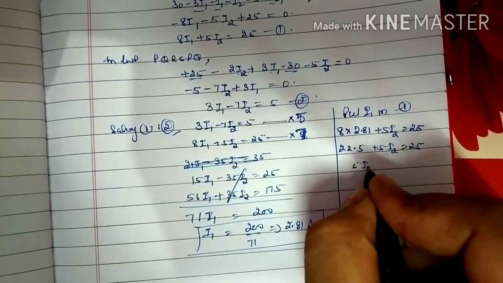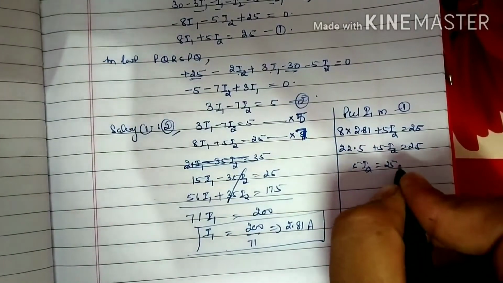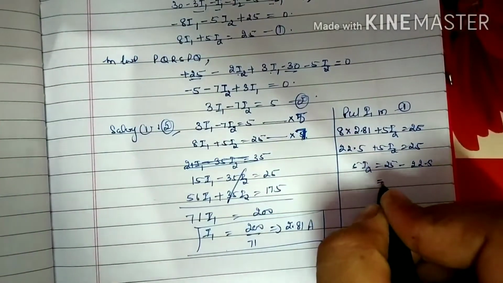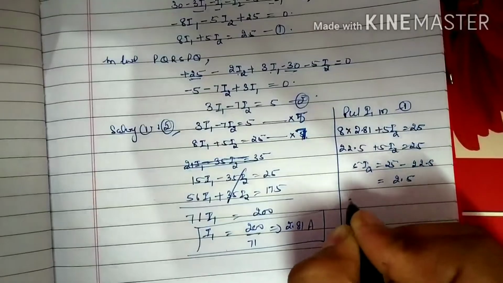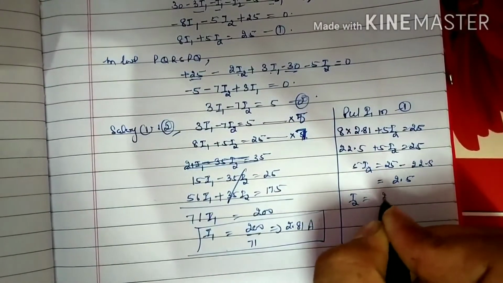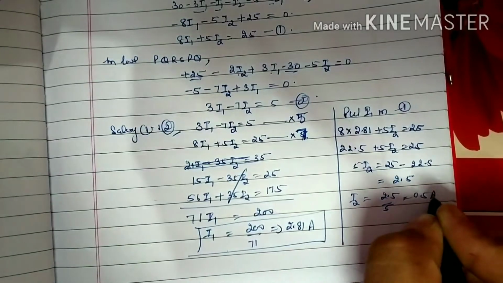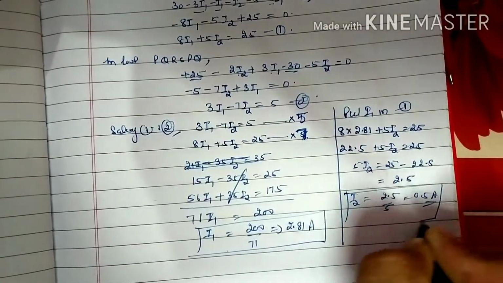So 5I2 is equal to 25 minus 22.5, so this will be 2.5. Then I2 is equal to 2.5 over 5 that is equal to 0.5 ampere current. This will be our I2.